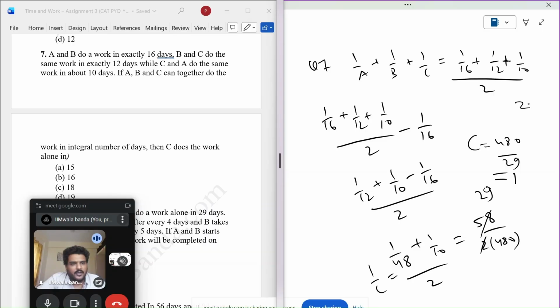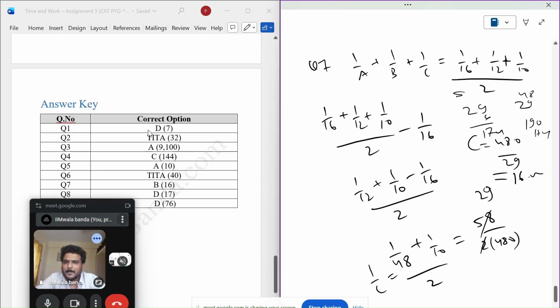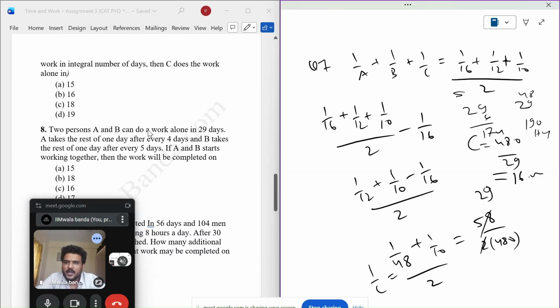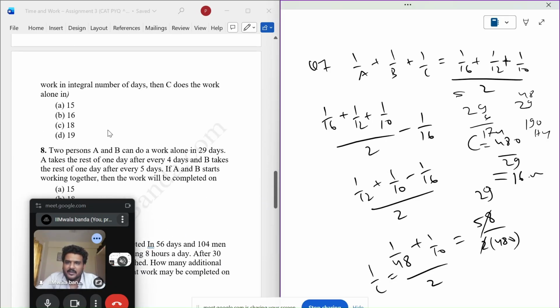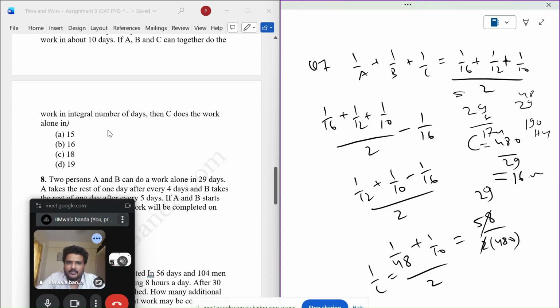So 29, if I subtract from 48, if it was 49, it would have been 20, but now it will be 19, so 190, and 29 6s are 174. So 16 point something it will be. Seventh B. It will not come out to be an exact one, but you can see.